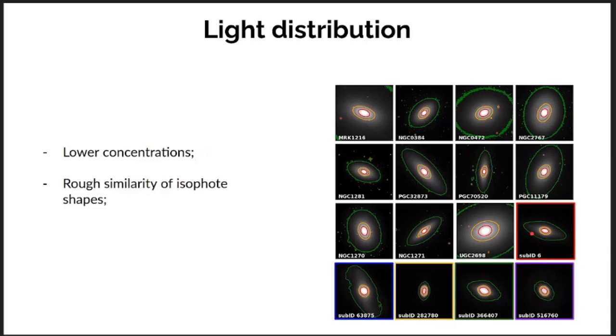It means that their inner parts are not so cuspy when compared with the real galaxies, but some of them have at least rough similarity in the shapes of the isophotes, such as subhalo 6 and subhalo 366407, which have this disky shape.